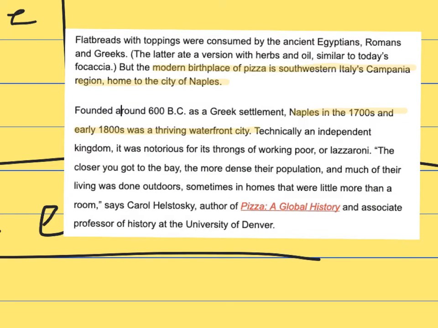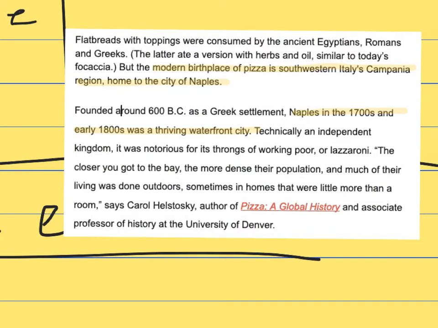Okay, and in order to feed more people, they had to have something that was quick and easy to create. So they created the pizza, a flatbread that could have toppings put on, and it can be taken and eaten anywhere.